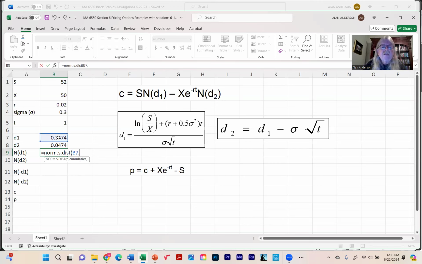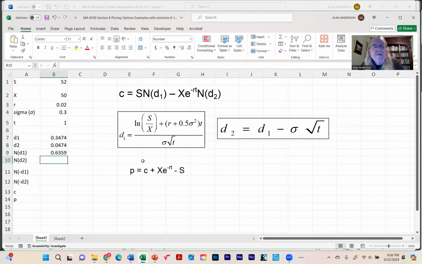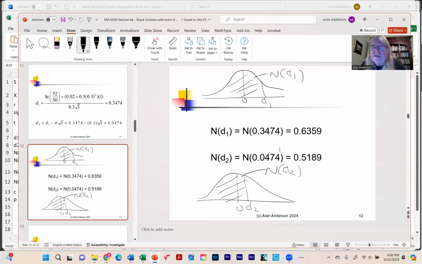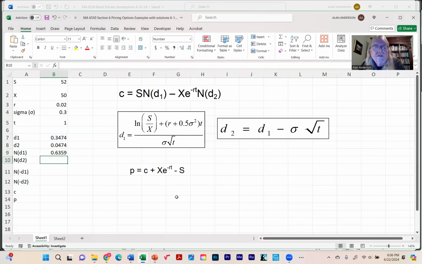Now, there's an interesting value next to it called cumulative. What is that all about? Well, for our purposes, we're going to use the 1, which means yes. And by the way, you can see in here that that is what we were looking for.